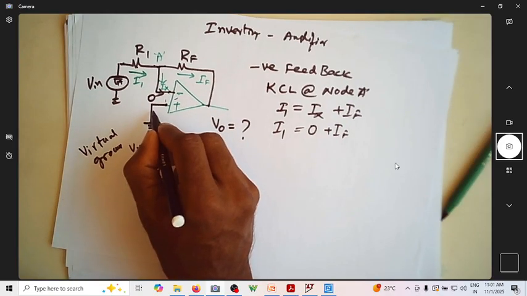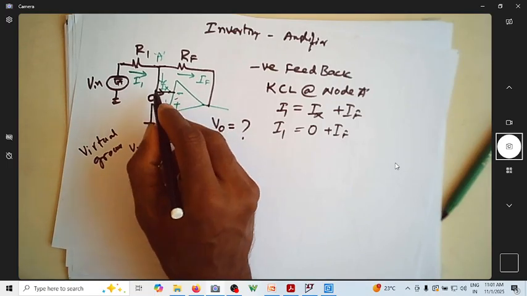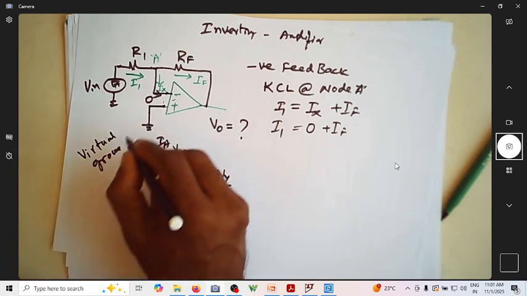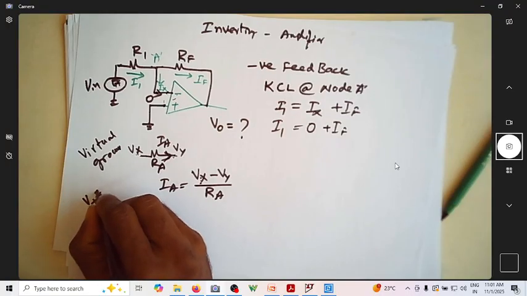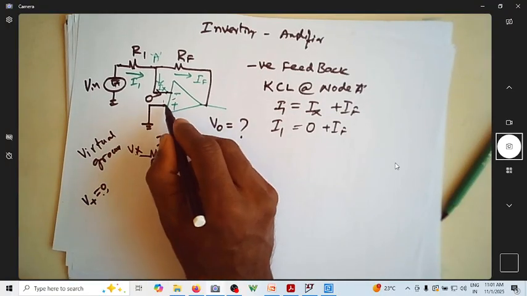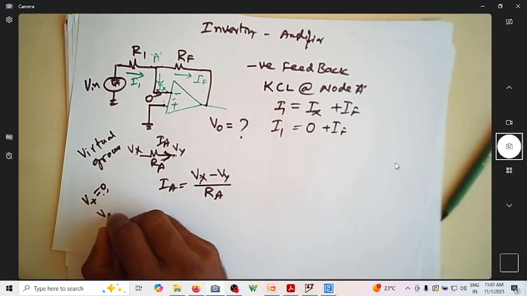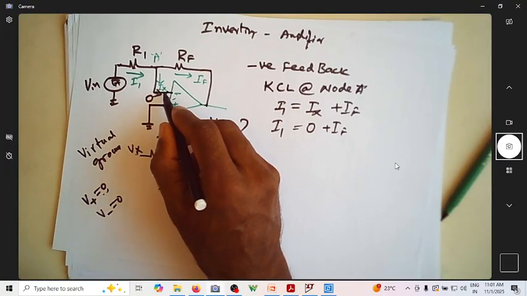Whatever voltage is at the non-inverting terminal, the same will be available at the inverting terminal. V plus is 0, so naturally V minus is also 0. So you have 0 volts here.